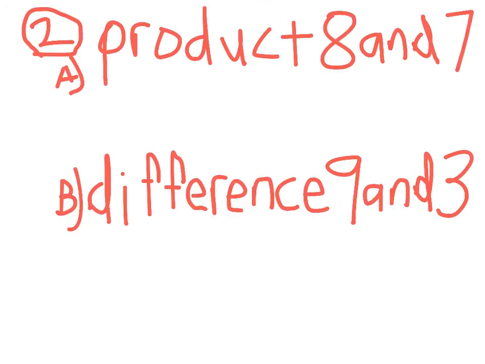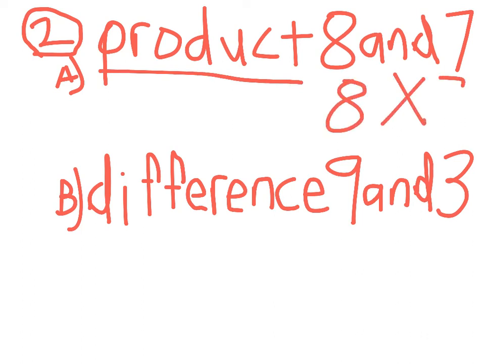All right, example 2, you have to write a numerical expression for each verbal phrase. And part A says the product of 8 and 7. And so you're not really multiplying that. It's just telling you to write out what this means. Product means multiply. And so what you would write for a numerical expression is 8 times 7.